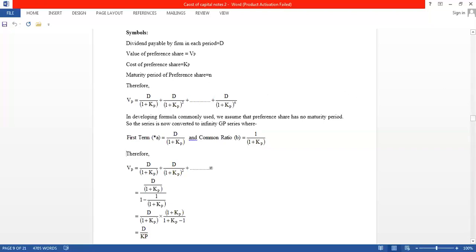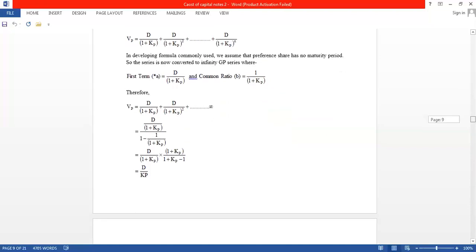So the right hand side is a GP series, an infinite series with first term D by 1 plus Kp and common ratio 1 by 1 plus Kp. So we are applying on the right hand side the summation formula A divided by 1 minus common ratio. A means first term, so in place of A, we have written D by 1 plus Kp, and in the denominator, it is 1 minus B, where B is the common ratio, which is 1 by 1 plus Kp.